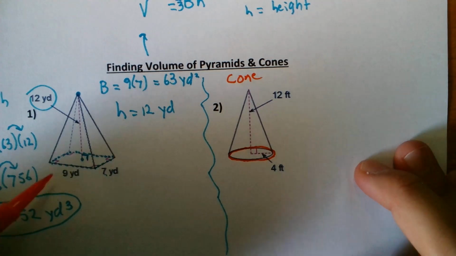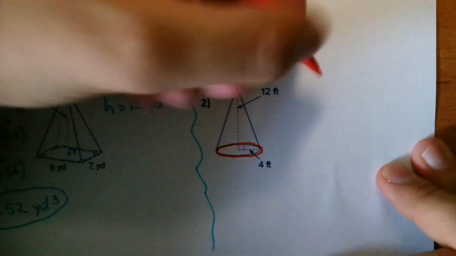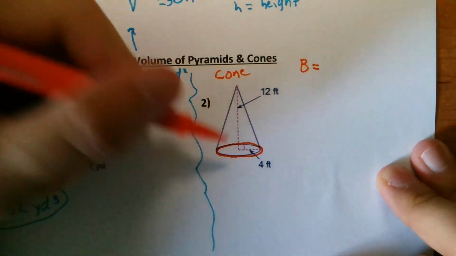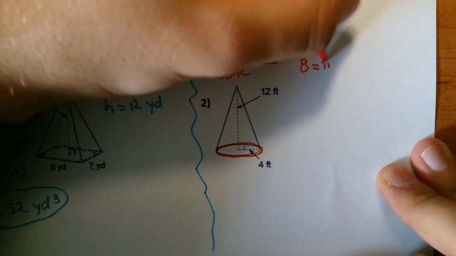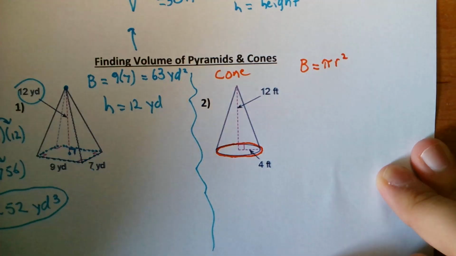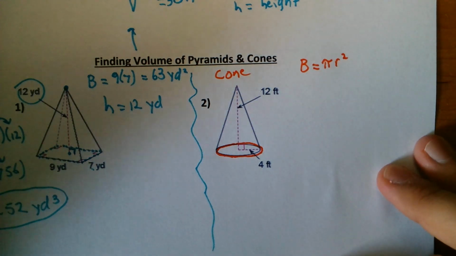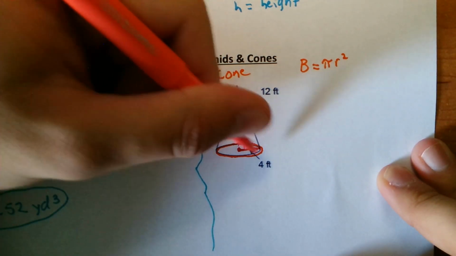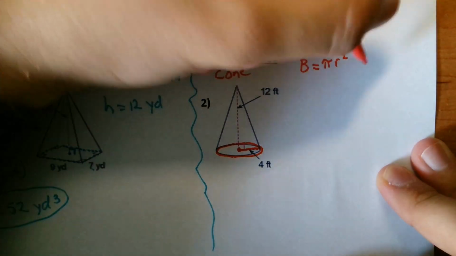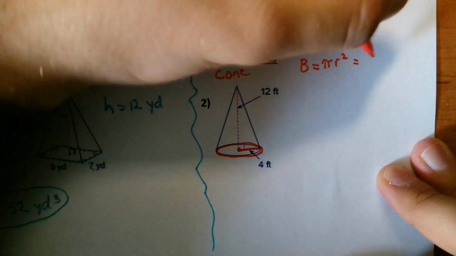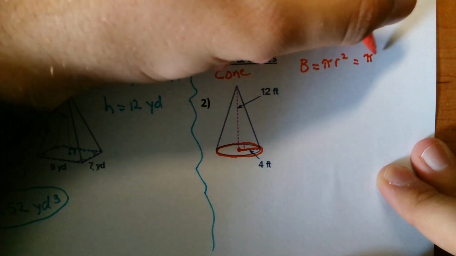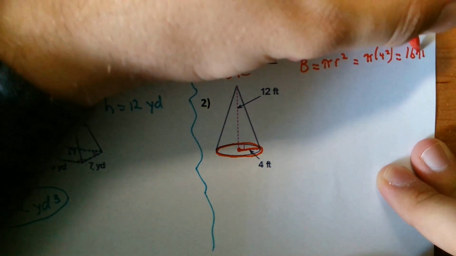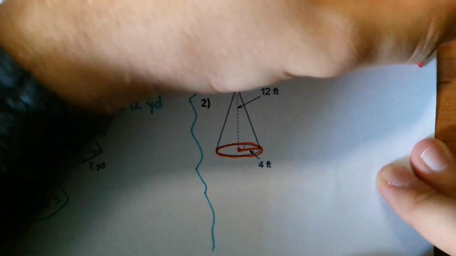For a cone, since the base is a circle, the formula we use is the area of a circle formula, in other words pi r squared. Thankfully, this measurement here from center to outside is our radius, so that's 4 feet. So that's pi times 4 squared, which works out to 16 pi feet squared.